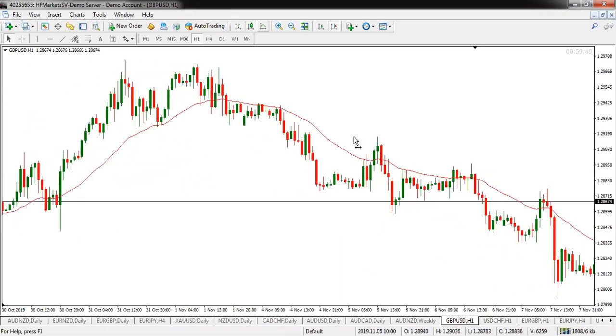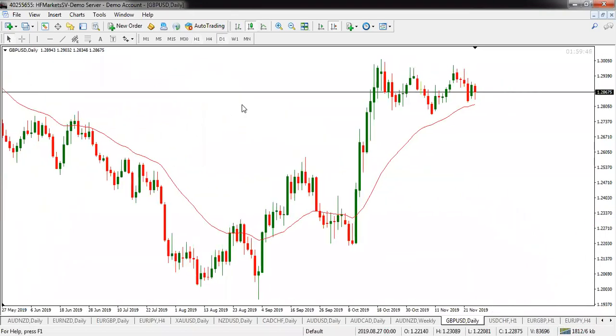If you open a fresh chart, like we currently have today, and you put in your 30 EMA, and your 30 EMA is below the price. So what do I mean by below the price?